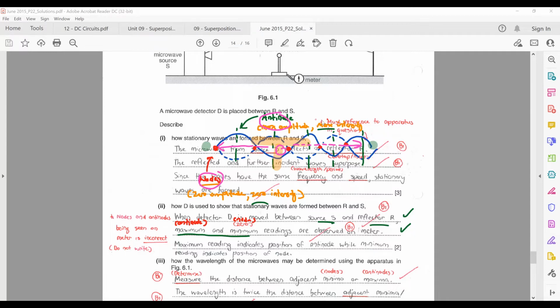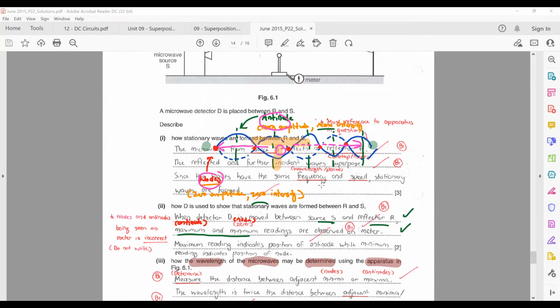Then I move to the last part of your question. Now, describe how wavelength of the microwaves may be determined using the apparatus. Okay, so they want you to describe how would you use this apparatus right now to determine the wavelength.